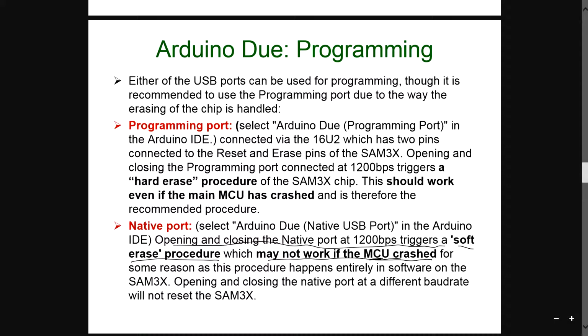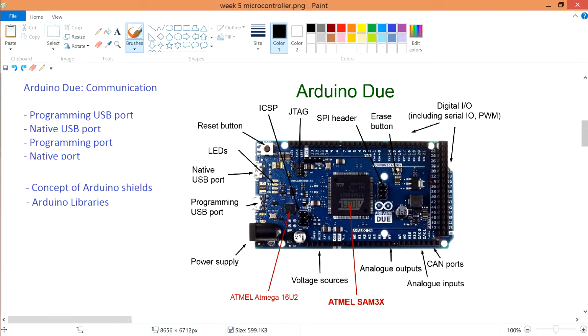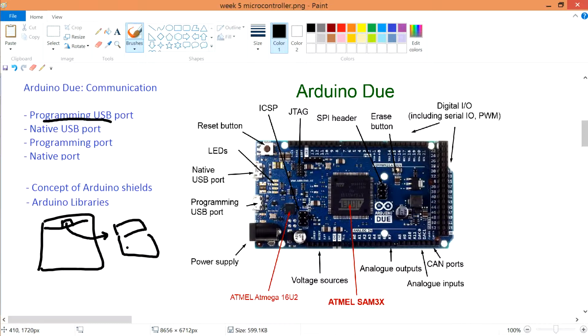Okay, so programming port and native port is just such a meaning in there. And it's programming USB port and native USB port. When you connect your programming USB port, inside your IDE, your software itself inside the computer, there will be some tabs over here you can click. When you click, something comes up, and inside here there will be a programming port, and you click this programming port, and then you can program whatever you want.